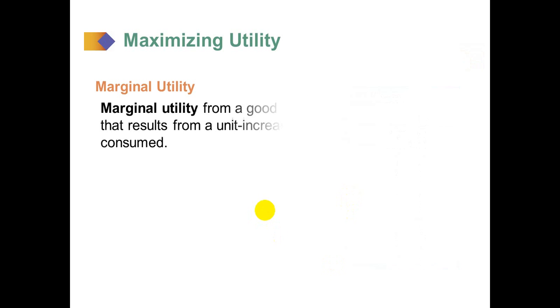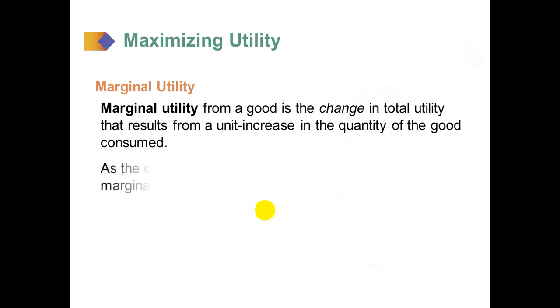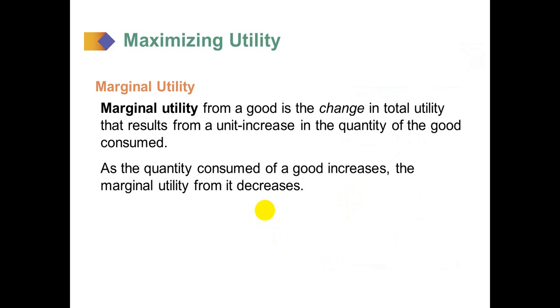Marginal utility from a good is the change in total utility that results from a one-unit increase in the quantity of the good consumed. As the quantity consumed of a good increases, the marginal utility from it decreases.